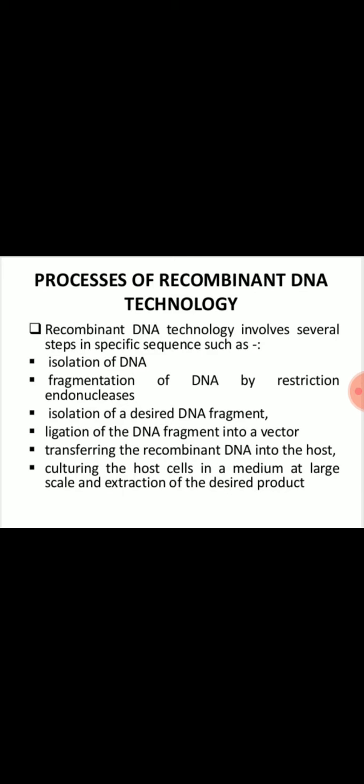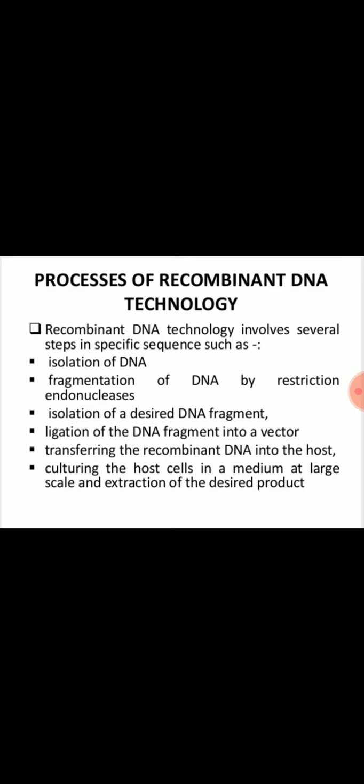Next is the process of recombinant DNA technology. What happens in this technique? First, isolation of DNA: both the plasmid or vector, and our gene of interest or the foreign DNA. Then fragmentation of both DNAs using the same restriction endonuclease.